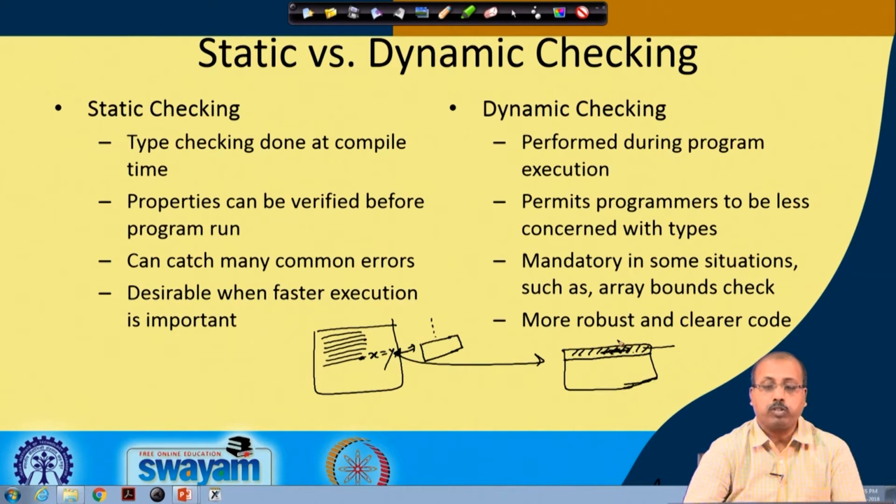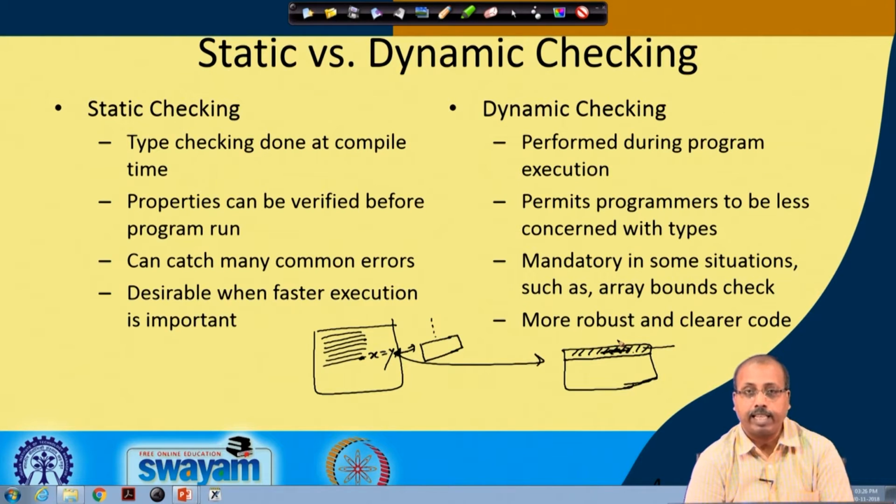That will not be possible with static checking, because the actual call is happening dynamically. So, that has to be taken care of by dynamic checking only. That is why dynamic checking is done in several programming languages, but of course, it makes it a bit difficult to generate code, and the life of the compiler designer becomes a bit tough.